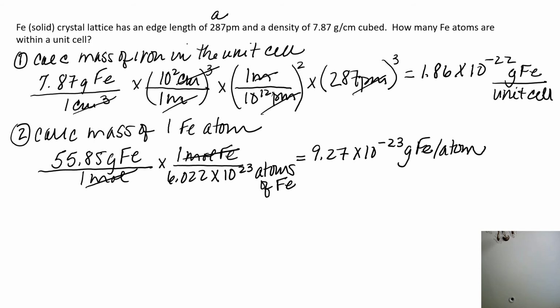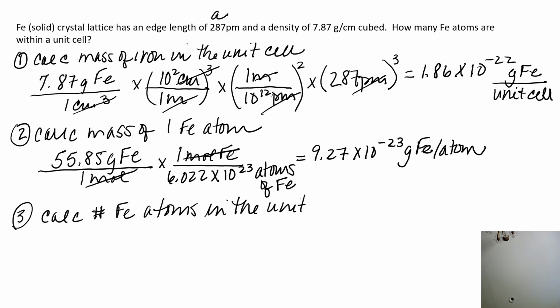And the third and final calculation then is to calculate the number of Fe atoms in the unit cell. And I do that using my solutions to the first and second calculations.